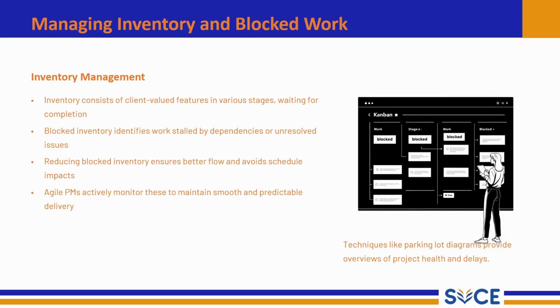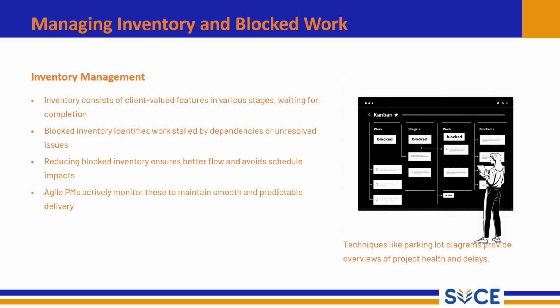Next one is blocked inventory, which identifies work stalled by dependencies or unresolved issues. Sometimes work gets blocked due to dependencies like waiting for approval, missing API access, or pending design decisions. This blocked work is called blocked inventory and it slows down the project.